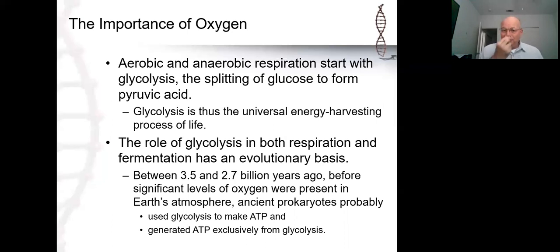But we know that there must have been several intermediates along the way, including glycolysis, but also some forms of anaerobic respiration that we still find present in some bacteria today, where rather than using oxygen as the final acceptor of electrons from the electron transport chain, you use other molecules. And one that you may have encountered is a form of anaerobic respiration that uses sulfur dioxide as the final acceptor of electrons.